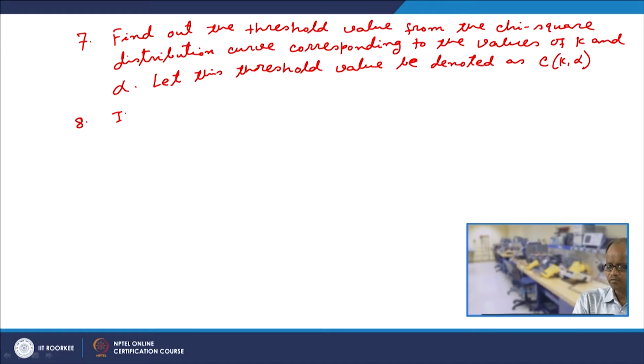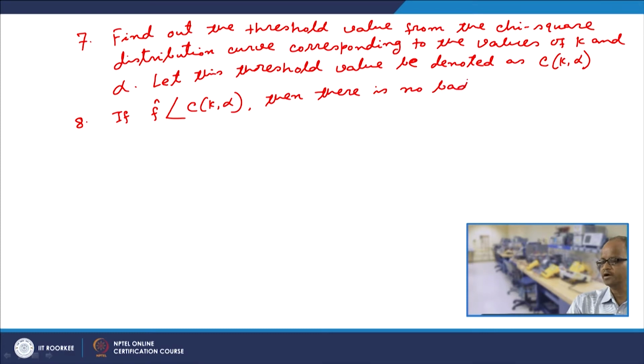Now, if the value of f hat is less than C k alpha, then we say that there is no bad data in the system.